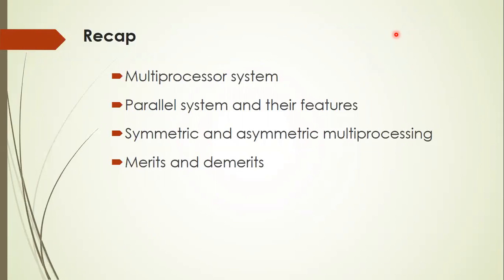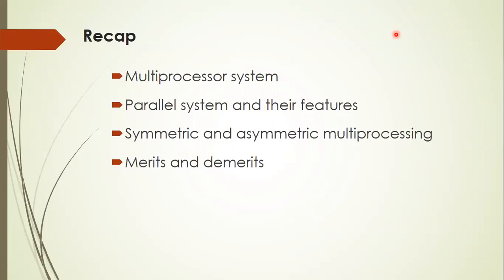Each has its own characteristics, advantages and disadvantages. In asymmetric multiprocessing, we have a master-slave relation, where one processor works as a master which controls all the remaining processors in that system, and the remaining processors which wait for the master processor, we call slave processors.